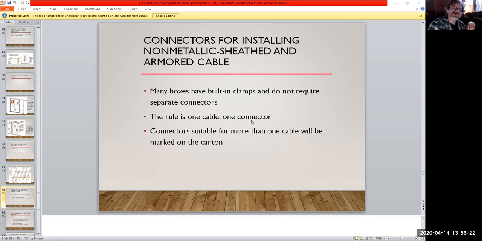There are some weird cable connectors, rare though, that can have more than one cable running through. But like it says on that bottom point there, you have to make sure it says it's acceptable for two cables or something like that. If not, it's one per connector. That is a rule.